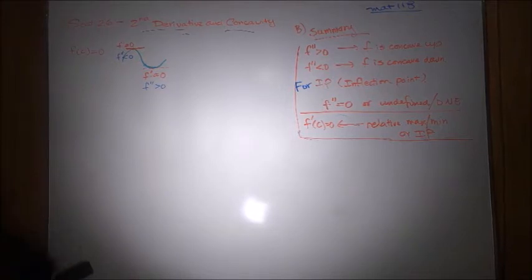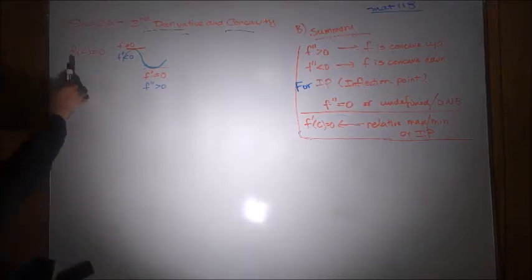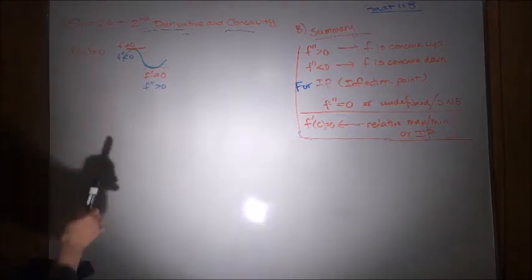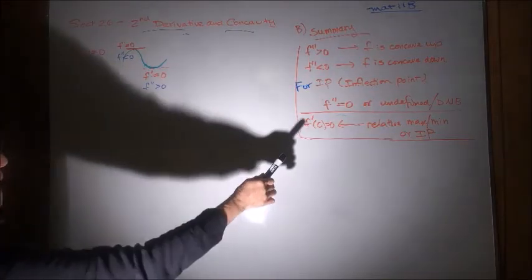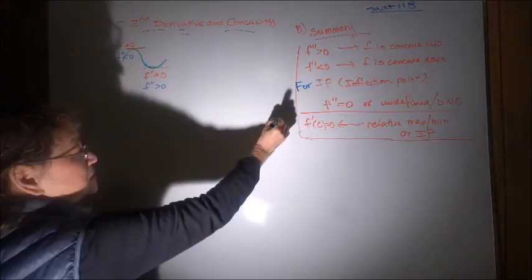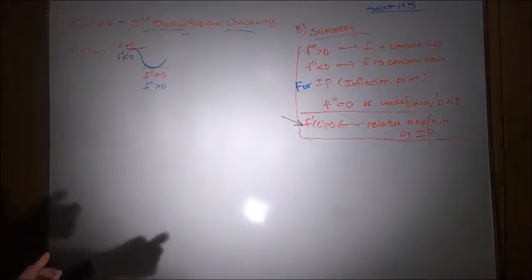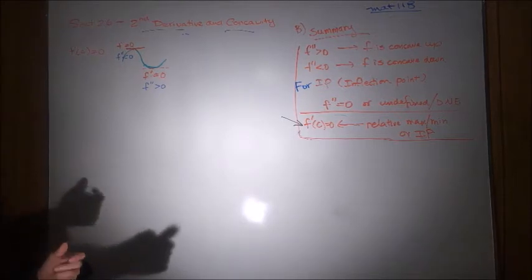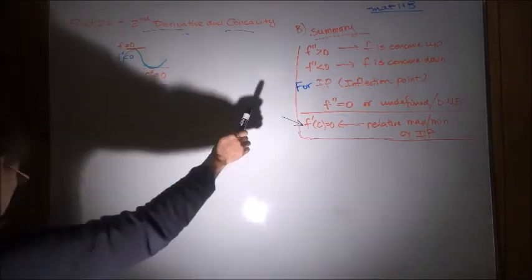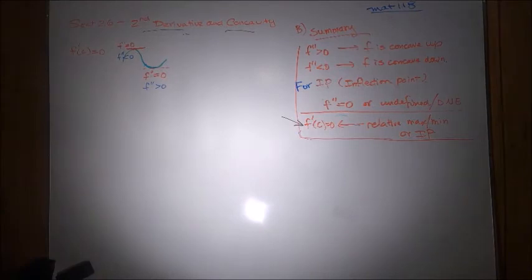And sometimes when f prime is 0, it might be what? An IP point, as we say here. Then what is an IP point? What is an inflection point? We said on your previous page, let's take a look.